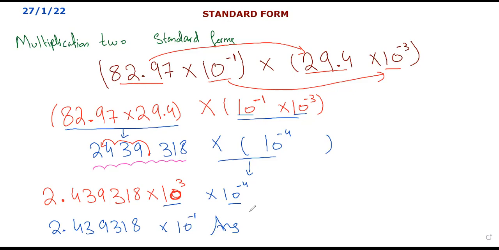So let's talk about the new chapter, that is four operations. Let's write down the heading.